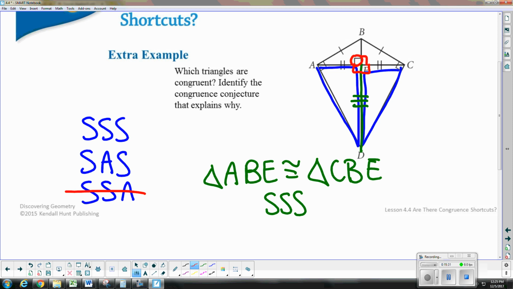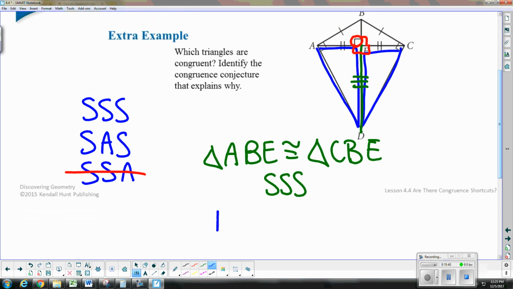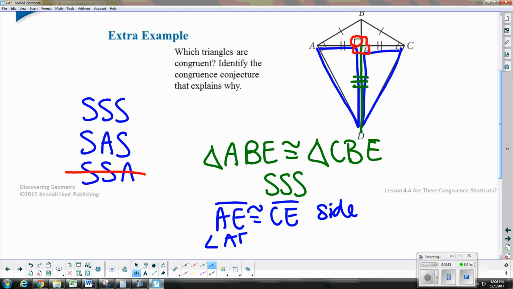So now we have, let's do this one in blue, side AE is congruent to CE. So that's one side. Then we have angle AED is congruent to angle CED.